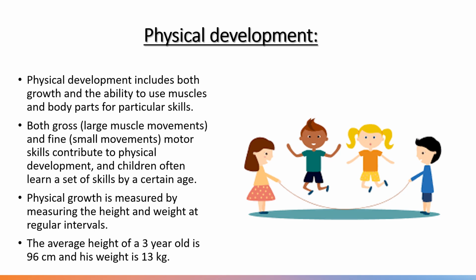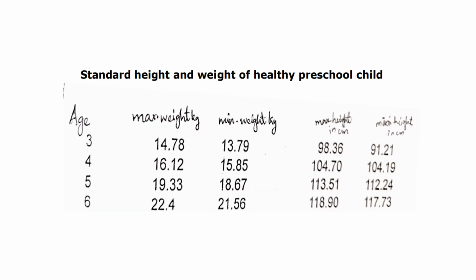Now we'll see the height and weight proportions of children from 3 to 6 years old. This chart shows the standard height and weight of a healthy preschool child.